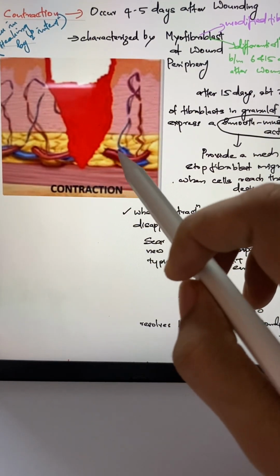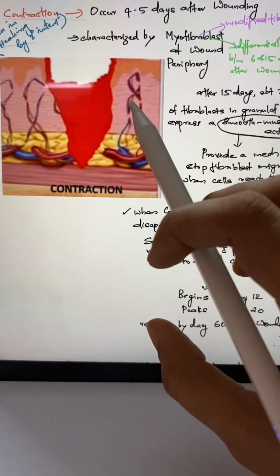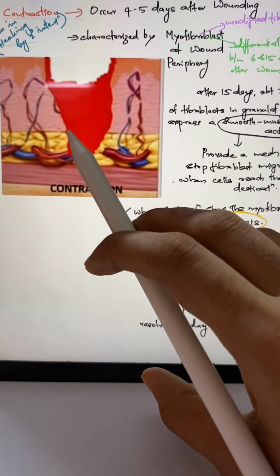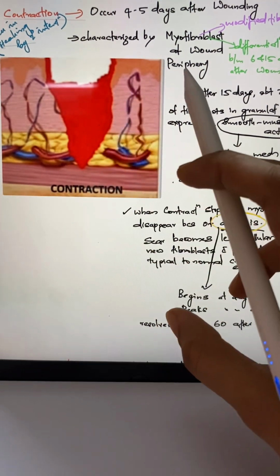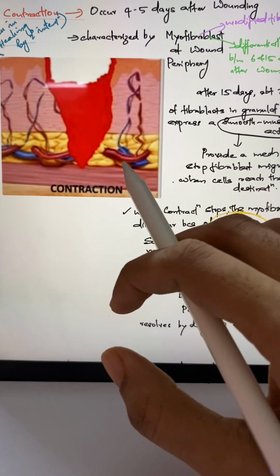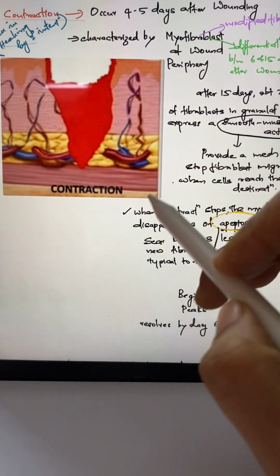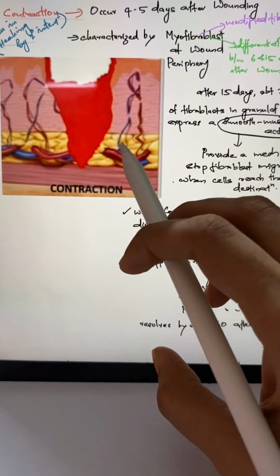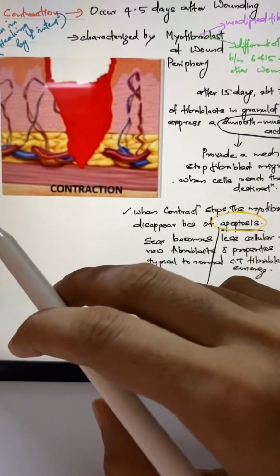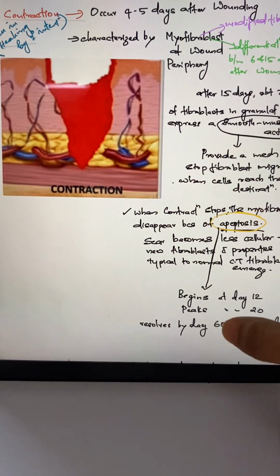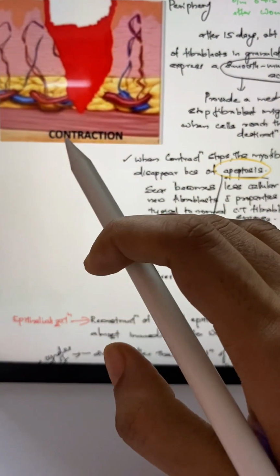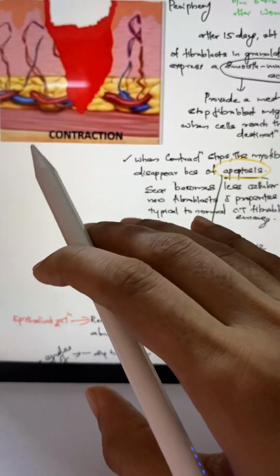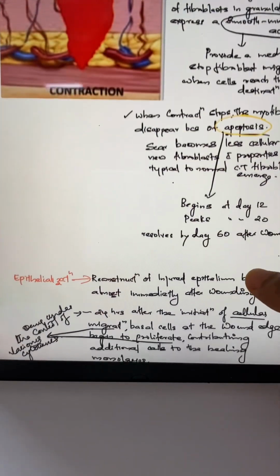They provide a mechanism to stop fibroblast migration, because all these fibroblasts have reached their destination, so the flow of fibroblasts has to stop with the help of myofibroblasts. After the contraction stops, the myofibroblasts disappear by apoptosis. So now the scar becomes less cellular, and new fibroblasts with properties typical of normal connective tissue fibroblasts emerge.